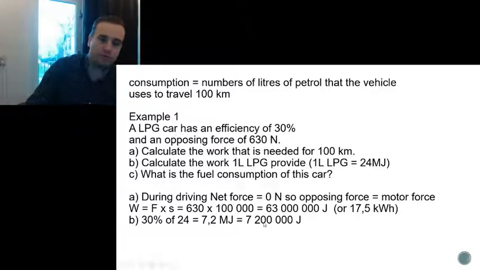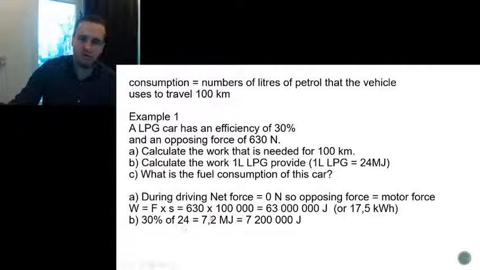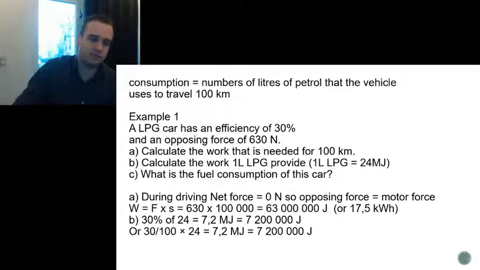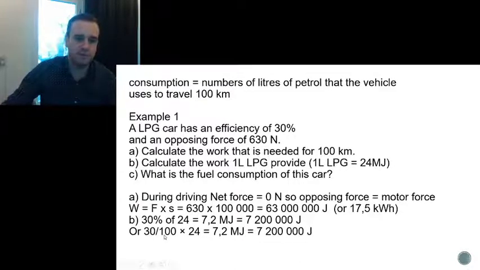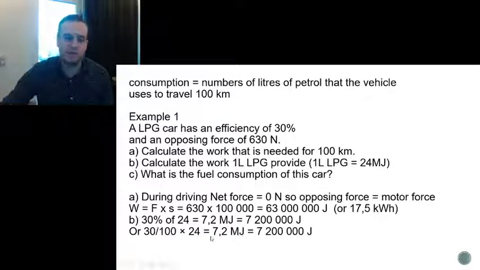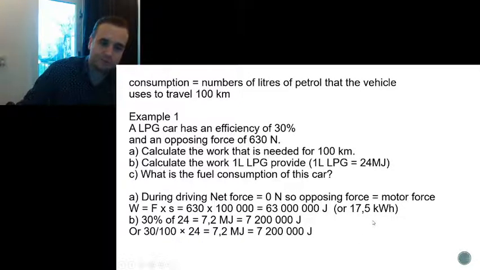I personally prefer to write it out. So you can enter this in your calculator and you'll find this answer. If you do so, that's fine by me. I prefer to do it like this. 30 divided by 100, and you get a fraction of 0.3. You multiply that by 24 and you also get your answer. This also works if your calculator cannot handle calculating percentages.